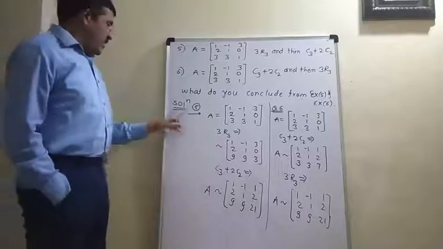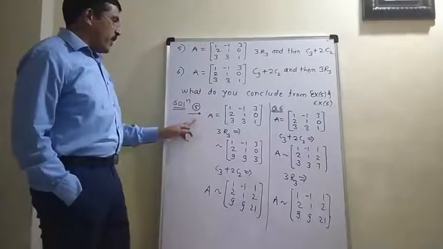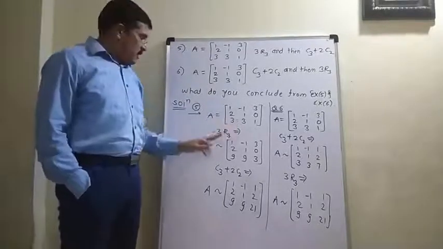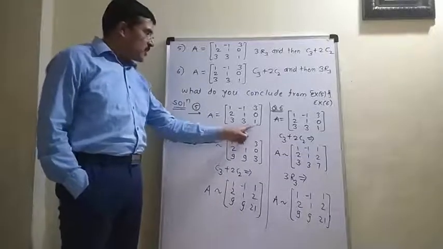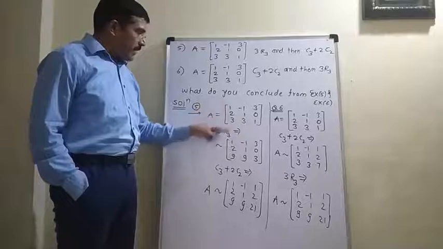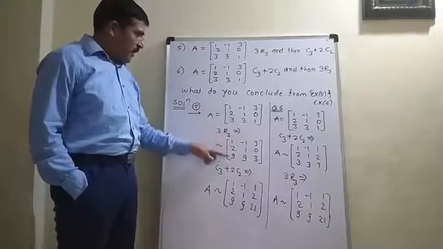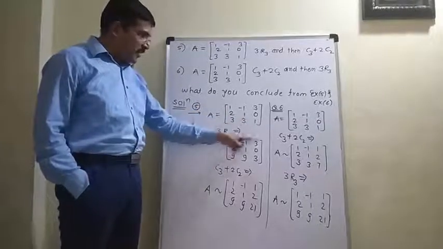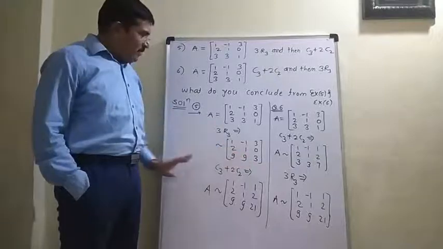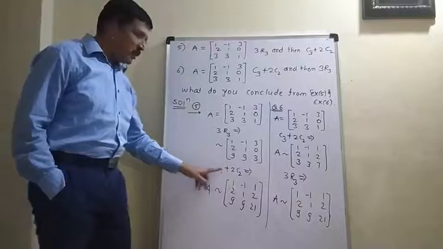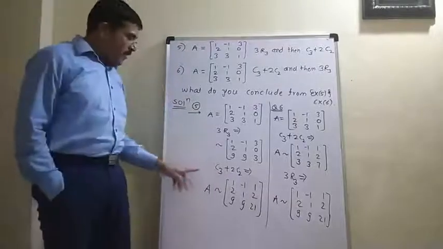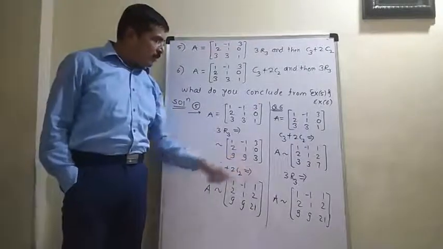Let us see the solution. Question number 5, the given matrix is written, and then we are performing 3R3, meaning multiplying the last row by 3, keeping first and second row same. 3 3s are 9, 3 3s are 9, 3 1s are 3. Got it? And then after, what have they asked us to do? C3 plus 2C2. It means we have to change the third column.